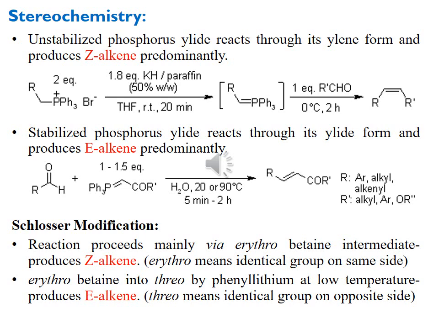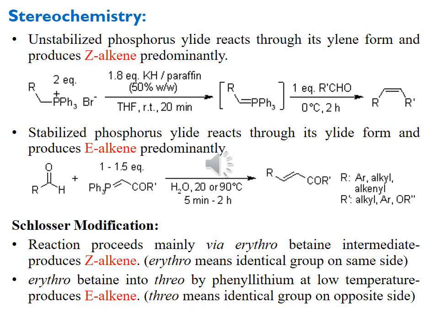Here is the stereochemistry of this reaction. If we are dealing with unstabilized phosphorus ylides, then we have discussed earlier that it uses its ylide form to react with the aldehyde or ketone and produces Z alkene predominantly.